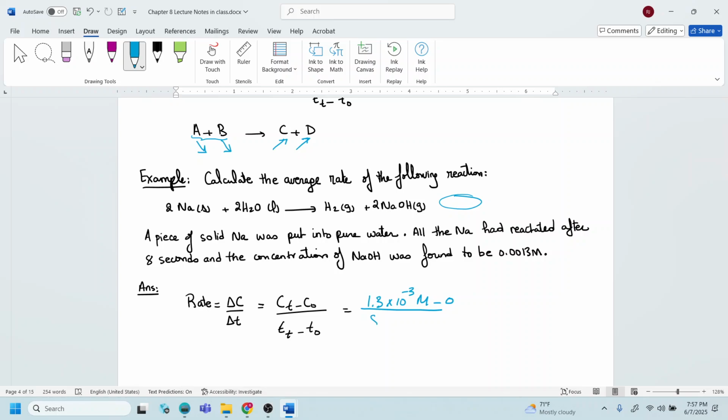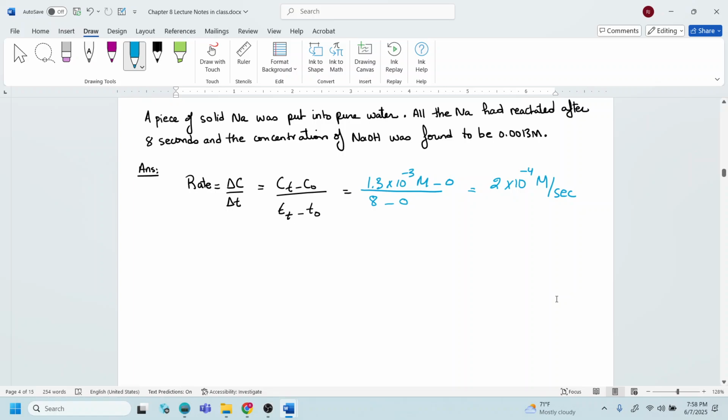So that is my final time, and my initial time is going to be 0. So my answer is going to be 2 times 10 to the minus 4, and this is molar per second. The time is always measured in seconds, and the concentration is measured in molar, and these are the units for the rate of the reaction.